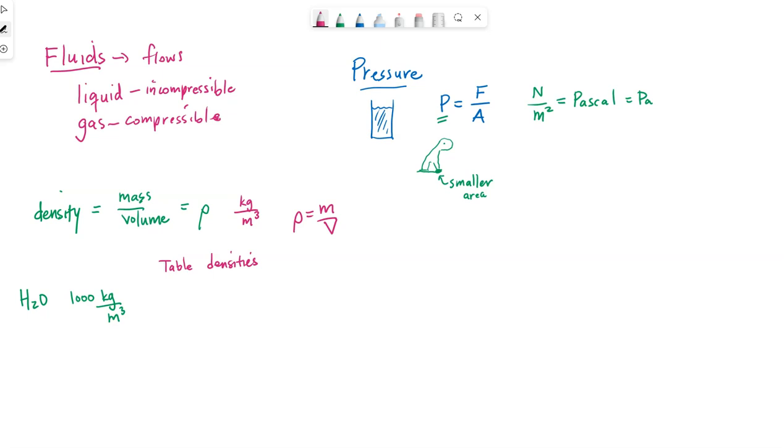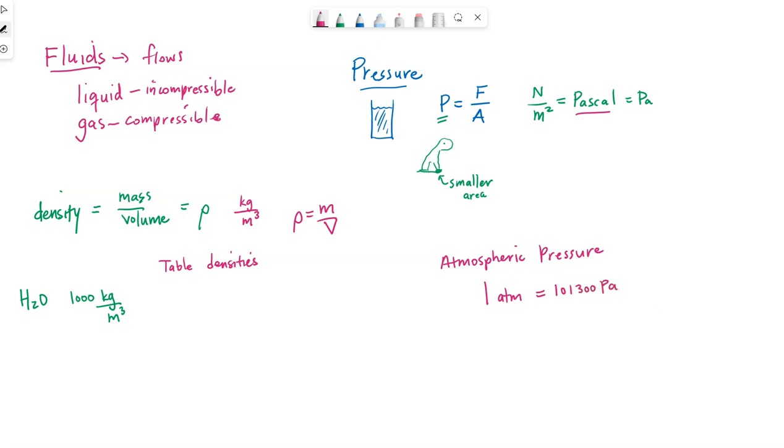All right, so coming back to pressure, a Pascal, when we talk about atmospheric pressure, one ATM, atmospheric pressure at sea level, 1 ATM, the conversion is 101,300 pascals.